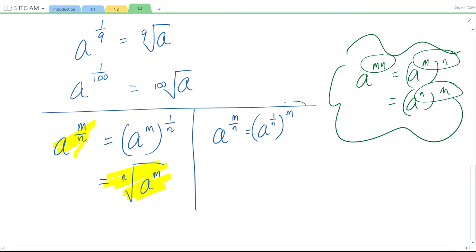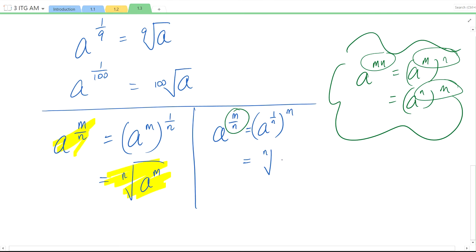The powers over here multiplied together will still give you the same fraction. Only thing is that this time we are rewriting it as a to the power 1/n, which is actually the nth root of a, then the whole thing to the power m. All of them are the same.